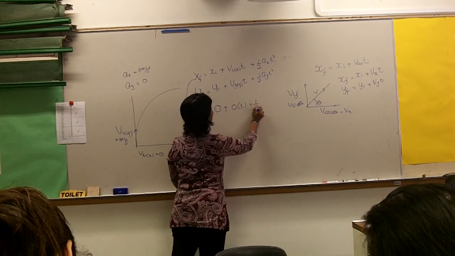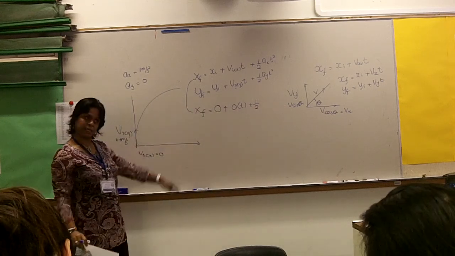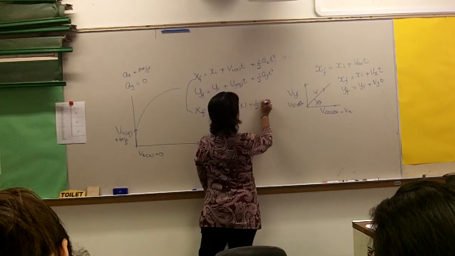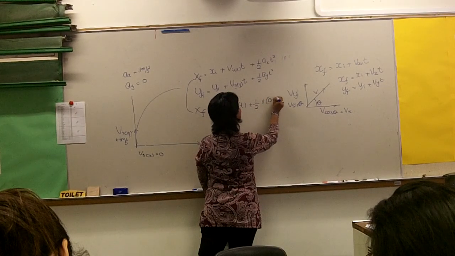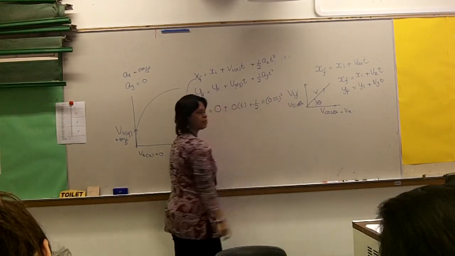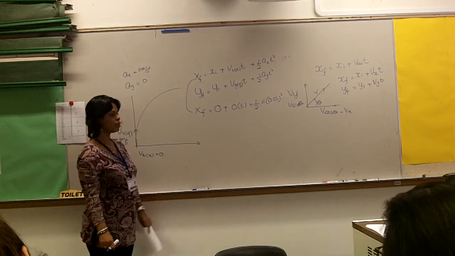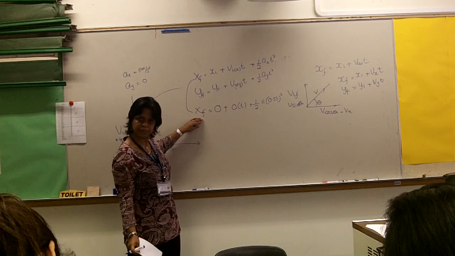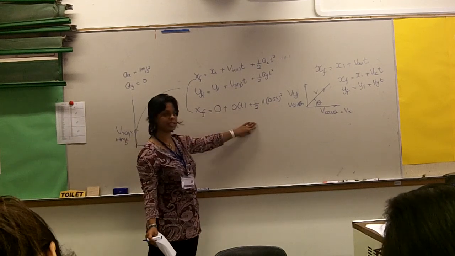What do you have for acceleration? 11. And time is 0.55 squared, right? So you can get your final x.